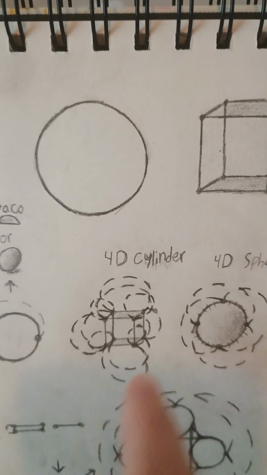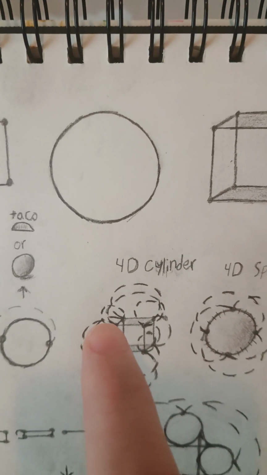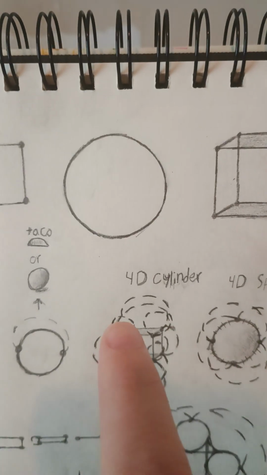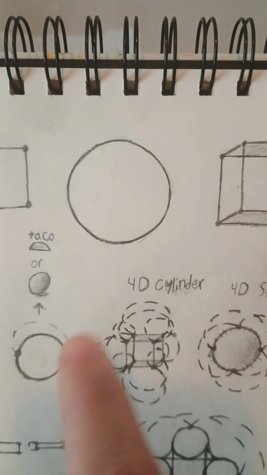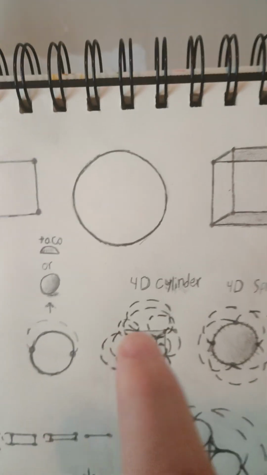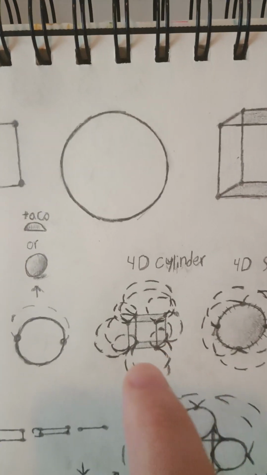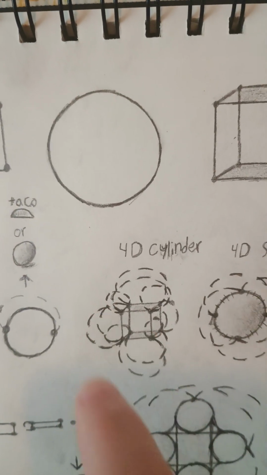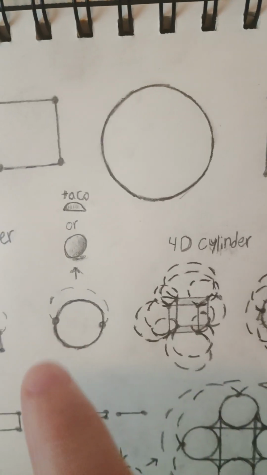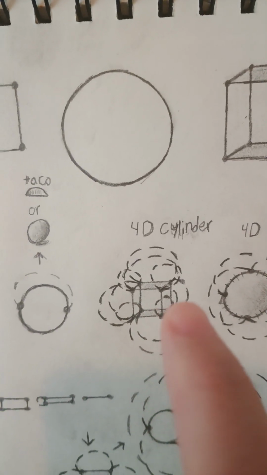And she stopped at this. This is where she stopped, because she drew the cube, and then she was like, well, there's no way we can describe how a torus looks. So I went and finished her work for her, basically.